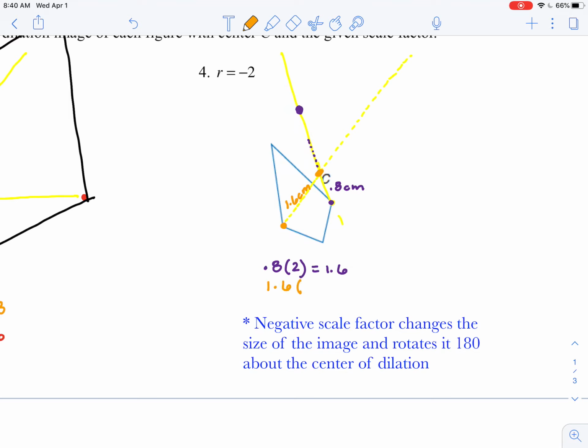Take the length from that pre-image, multiply it by the absolute value of your scale factor. So when this becomes twice as big, my image is now going to have a length of 3.2 centimeters. So from my center of dilation, I measure out in the opposite direction, 3.2 centimeters. And that one ends up about here.